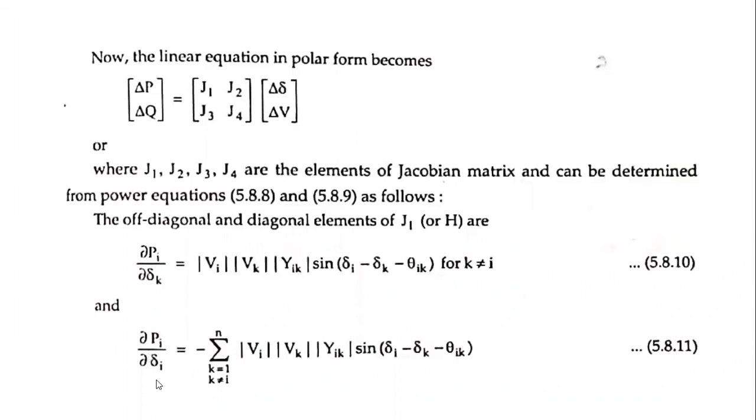And dou Pi by dou delta i is equal to the imaginary part, minus sigma k, k not equal to i, from 1 to N, Vi Vk Yik sine of (delta i minus delta k minus theta ik).